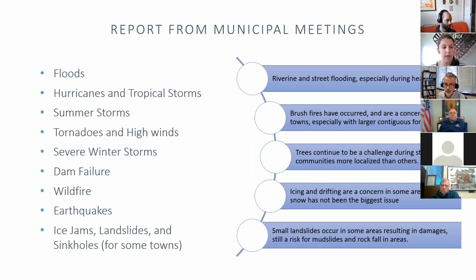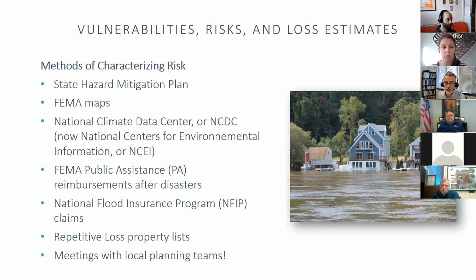Most towns seem to say the snowstorms haven't been too big a concern in the past, but there are still some particular areas of icing and drifting that are a concern, but most municipalities are capable of addressing those snowstorms. And there are some areas of small landslide risks. So landslides, mudslides, rock falls, there are certain areas of concern. So again, these are some of the general findings. There are some more specifics, but just to highlight some of what's going on throughout the region.